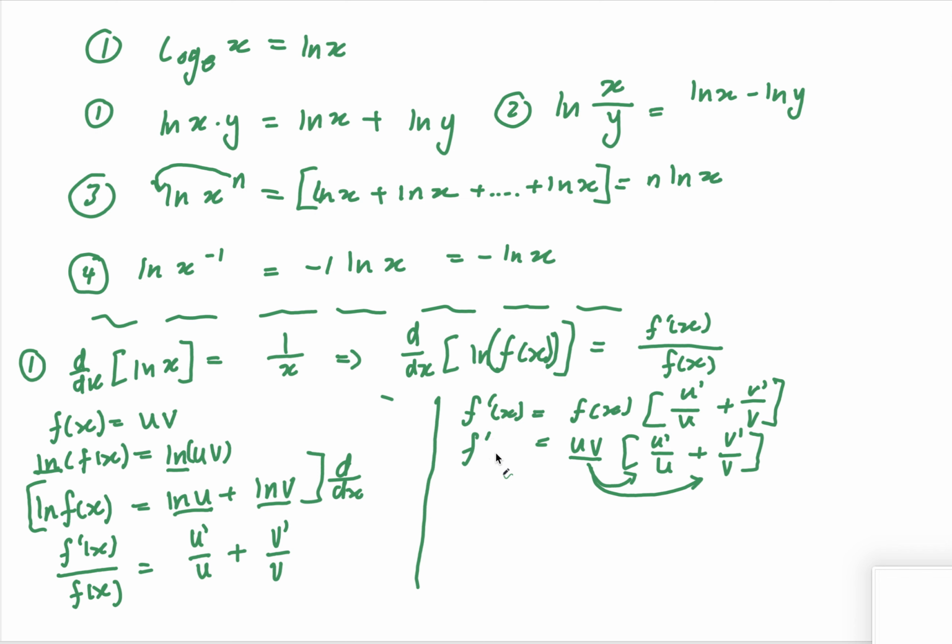So for f prime of x, the first part, the u will go away, so you have v times u prime, and the second part, the v will cancel, so you have u times v prime, and now that's your final answer. So this one is known as the product rule.